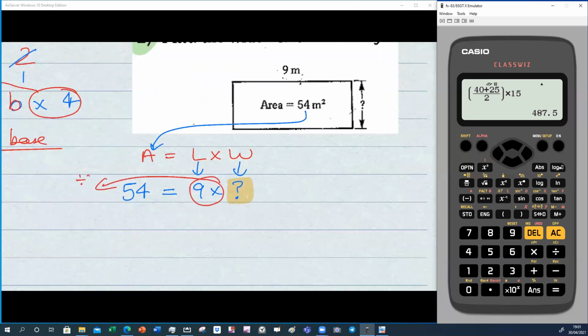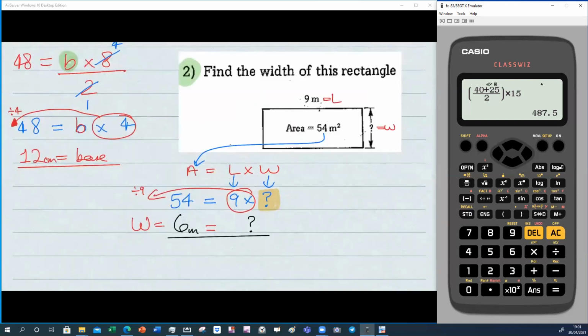Opposite of times by 9 is divide by 9. So what's 54 divided by 9? 6. Okay, 6 meters. Done. So your length is 9, and so that means your width is equal to 6. Done. Fantastic. Okay, lovely. We can stop that video now.